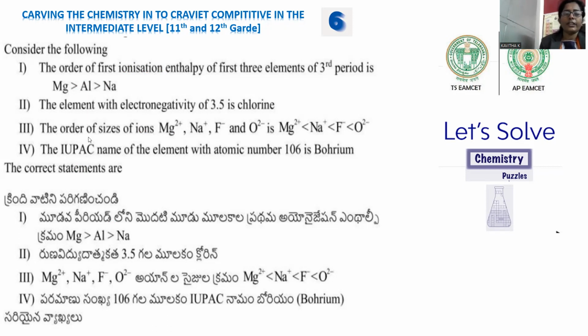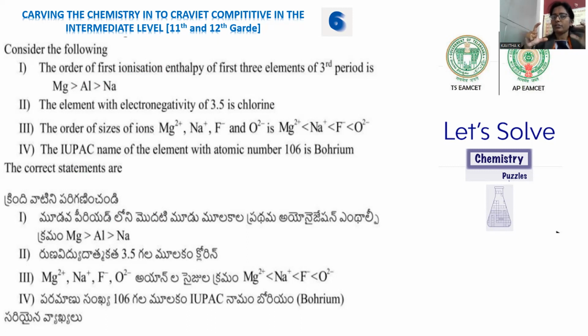And one more point we need to explain: the order of sizes of ions like magnesium, sodium, fluoride, and oxide. A very simple trick to identify this order is: the larger the charge on the anion, the larger the size. The larger the charge on the cation, the smaller the size.